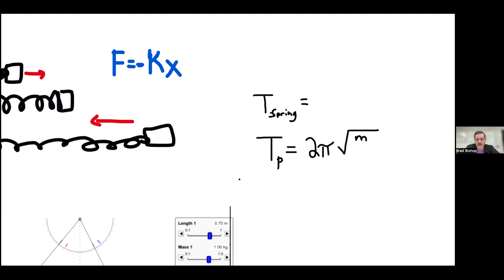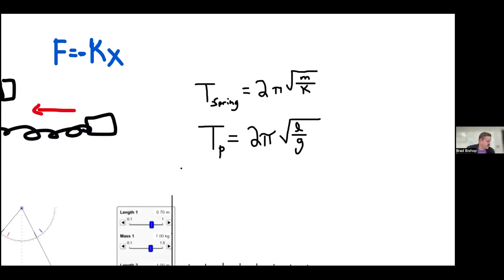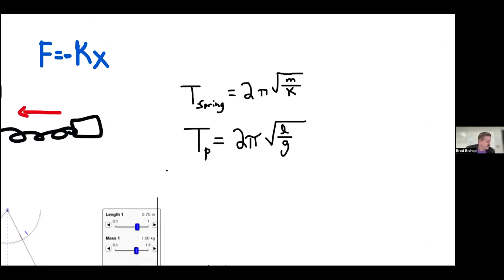That is our mass spring system, sorry. 2 pi times the square root of L. L in this case is going to be the length of the pendulum divided by g, gravity. The equation for the spring is going to be 2 pi square root of m, mass, over k, spring constant. All right, so this is our equation here for these setups.